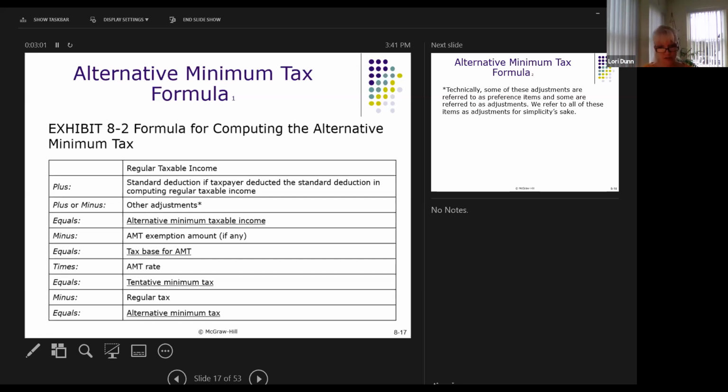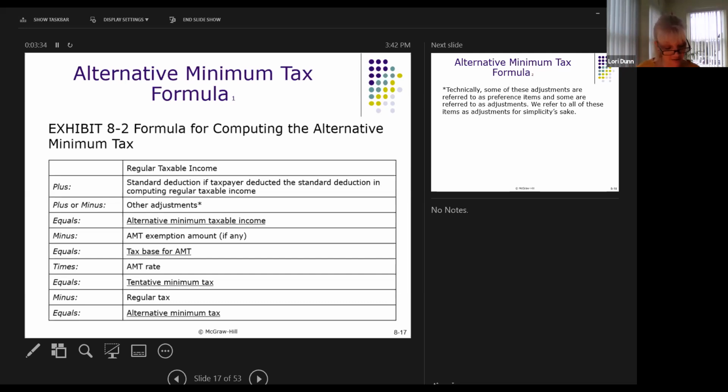We take the taxable income of the individual off their 1040 and put it on the 6251. Then we add: if the person took the standard deduction on their 1040, we add it back. If they didn't take the standard deduction, that's zero, because they deducted itemized deductions.